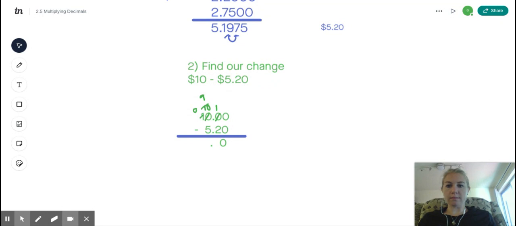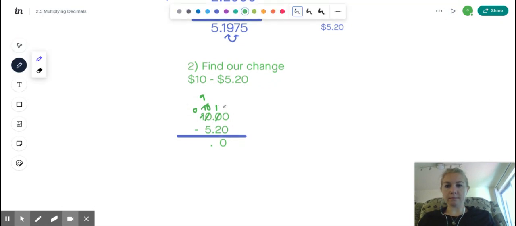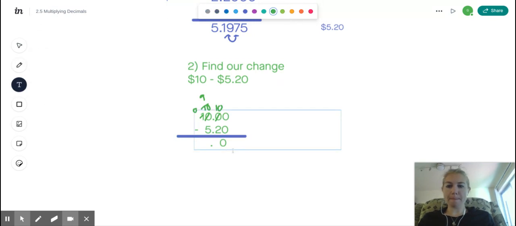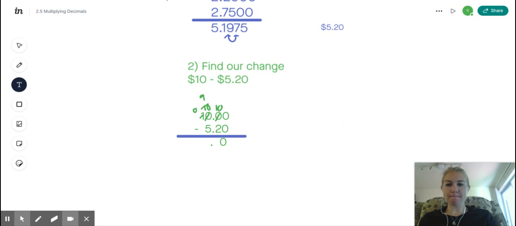Let's rewrite that. 10 minus 2 is 8. And then 9 minus 5 is 4. So the change that we receive is $4.80. All right, and that's our answer.